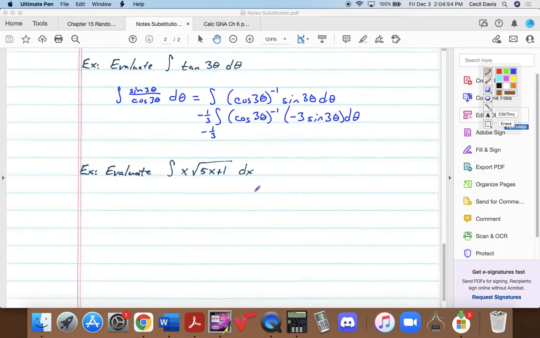What is the antiderivative of something to the negative 1 power? It's the natural log. Very good. So this is going to be the natural log of the absolute value of cosine of 3 theta plus c.